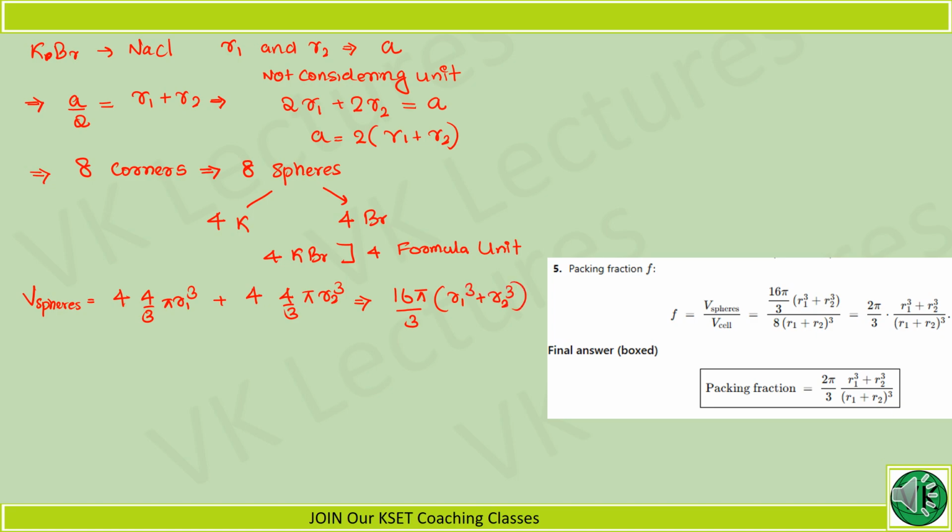Now let's see the volume of the unit cell, that is A cube. A we already know: it is 2 times R1 plus R2, cubed. So that will be equal to 8 times R1 plus R2 cubed.